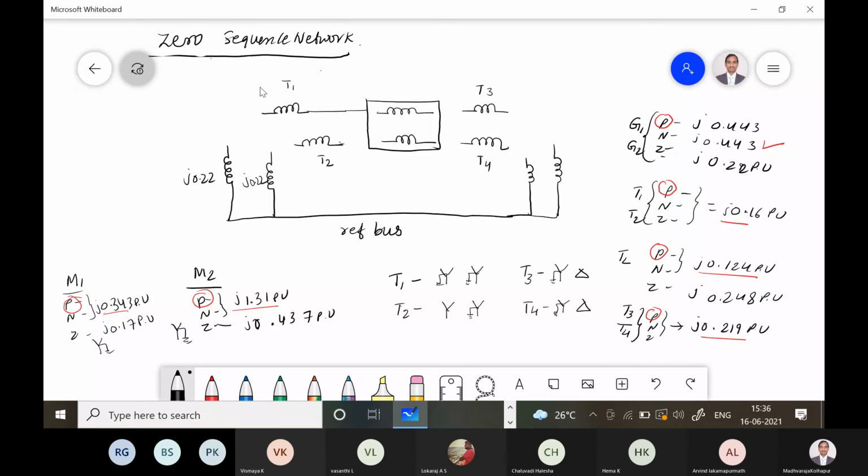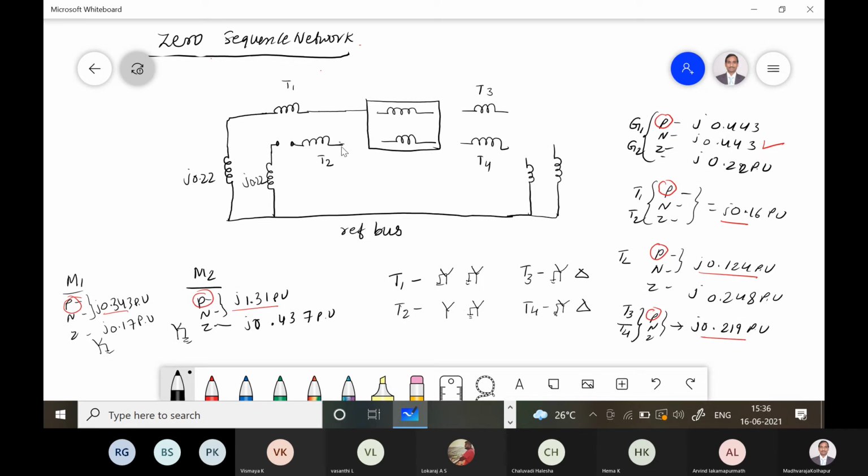So for transformer 1, what is the connection? Both are star grounded. It means both series connections are closed. Series switches are closed. For transformer 2, the primary star is not grounded, so it is just open as it is.